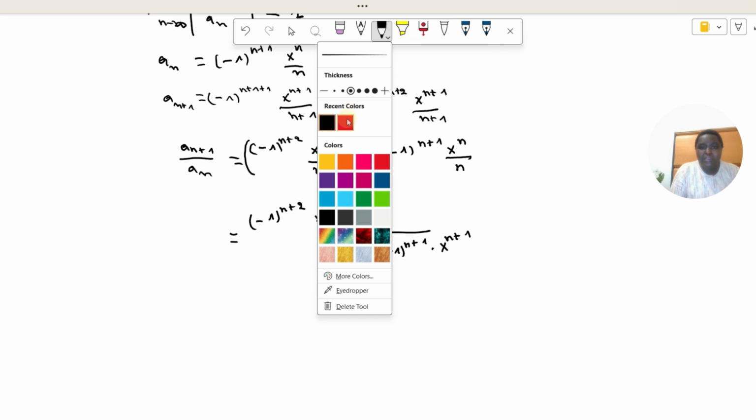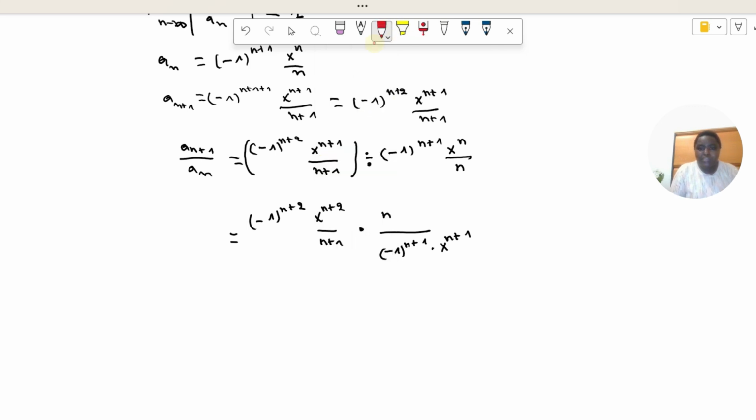Let me take another color. This minus 1 power n plus 1 and this minus 1 power n plus 2, we are going to simplify so that here we will remain with power 1, because n plus 2 is the same as n plus 1 plus 1. Then minus 1 will be equal to minus 1 power 1.